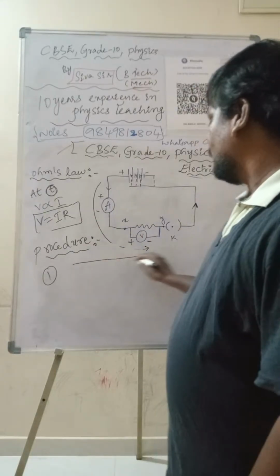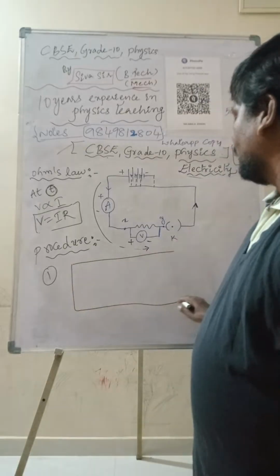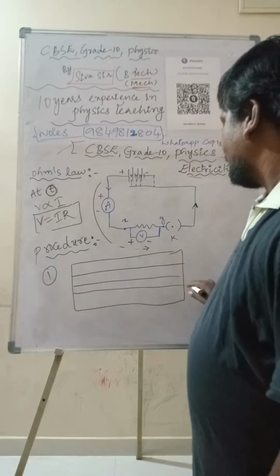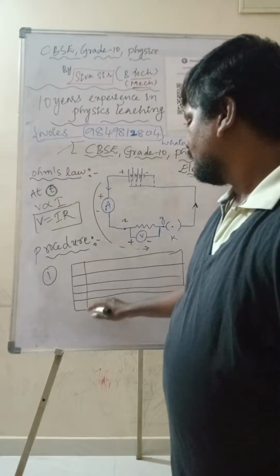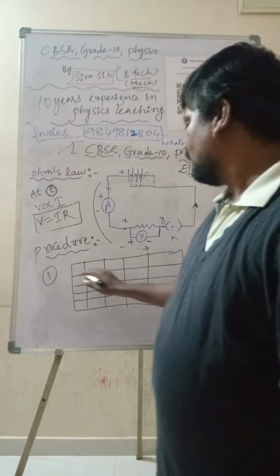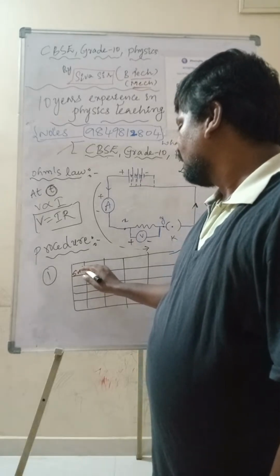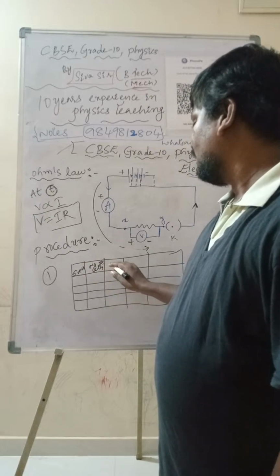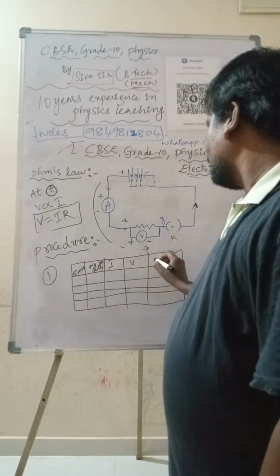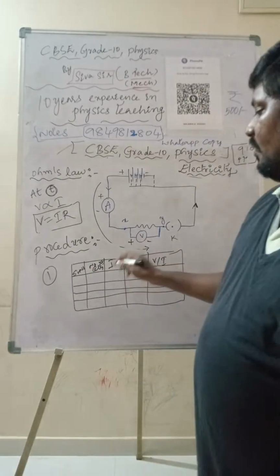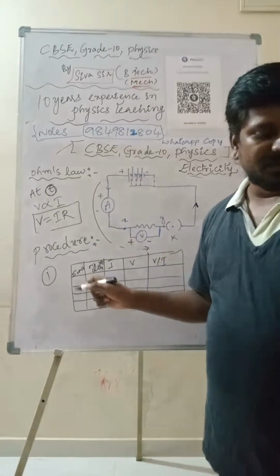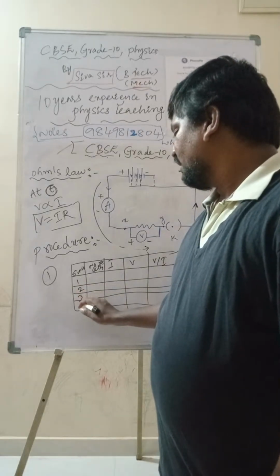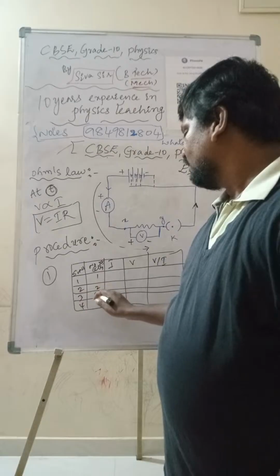Note down the values in tabular form. Here we have the serial number, number of cells, ammeter reading, voltmeter reading, and V by I. We consider 4 cells: 1, 2, 3, 4.